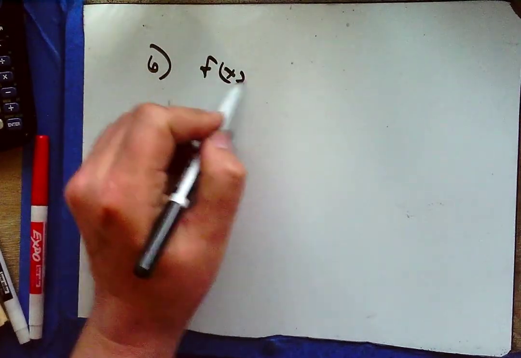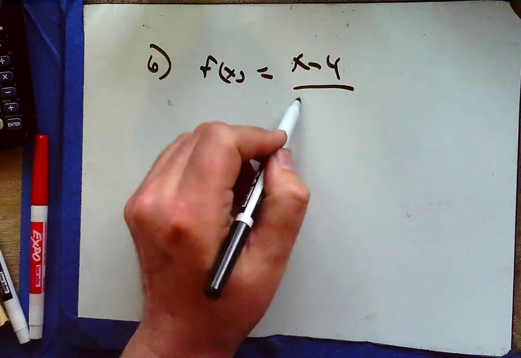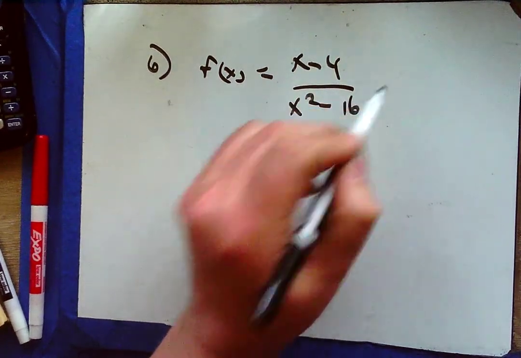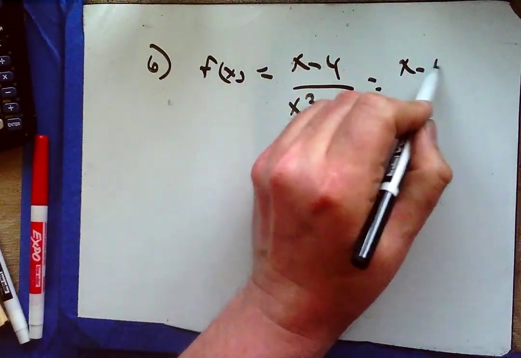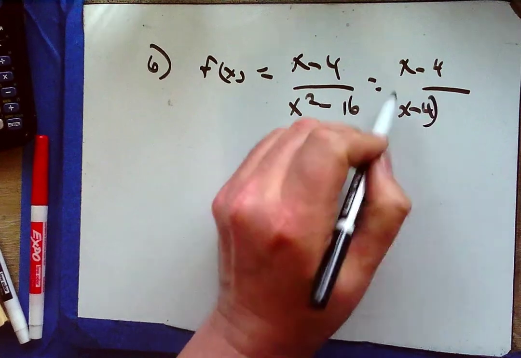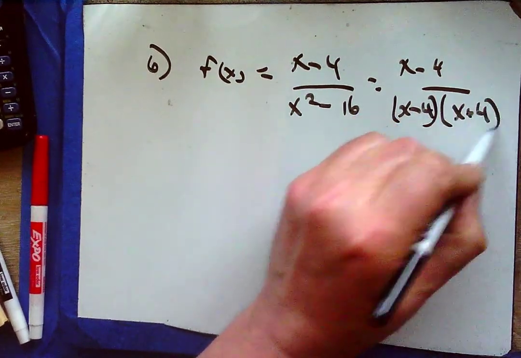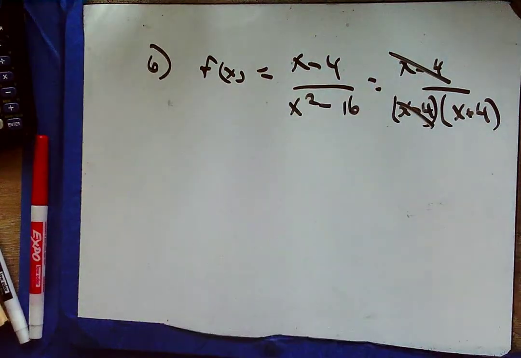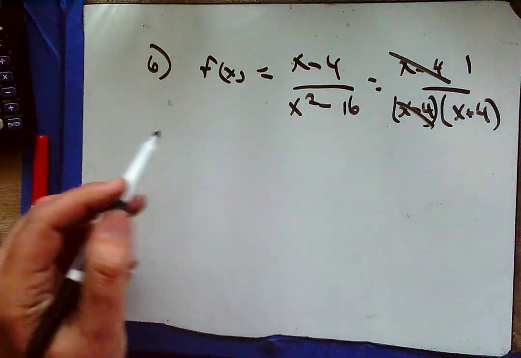All right, 6. 6 says f of x is x minus 4 over x squared minus 16, which is x minus 4 over x minus 4, x plus 4. Sure glad we did all that factoring over the last couple of years. And so what do I see?